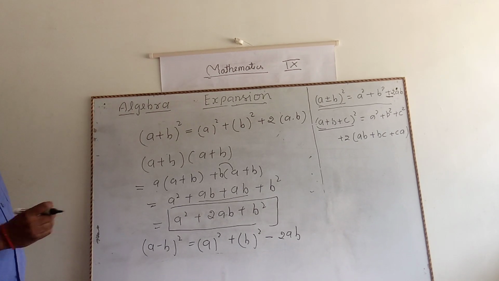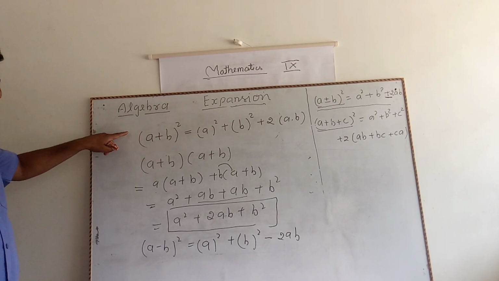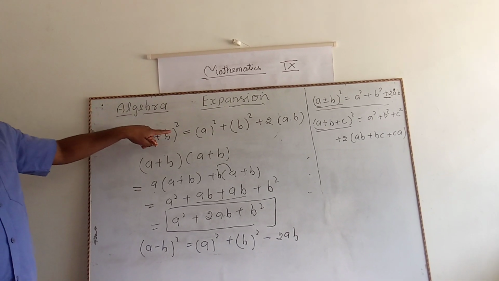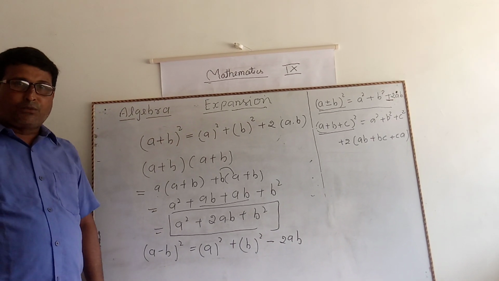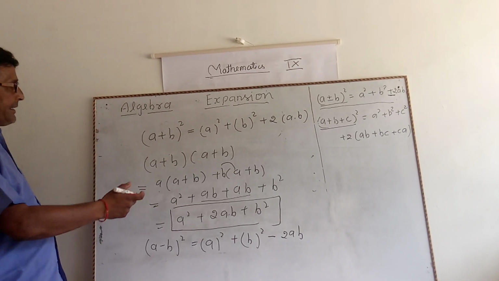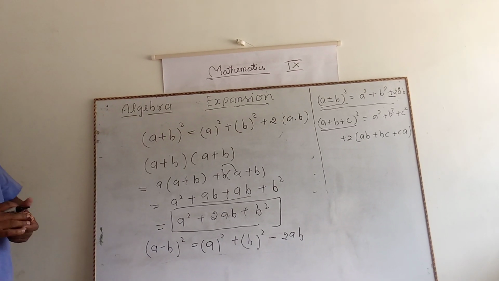I am going to explain a few examples on the basis of both identities, a plus b whole square and a minus b whole square. This identity is also given in your book.